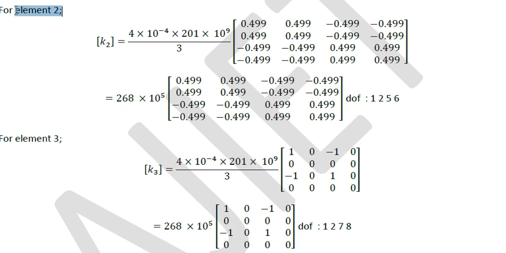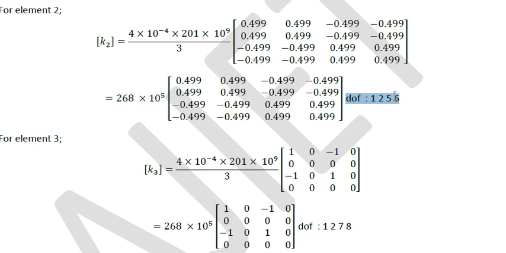For element 2, it is A2 E2 by L2. After substituting L and M of the second element, 0.707, we will get this answer. Outside we have to maintain the same common factor.